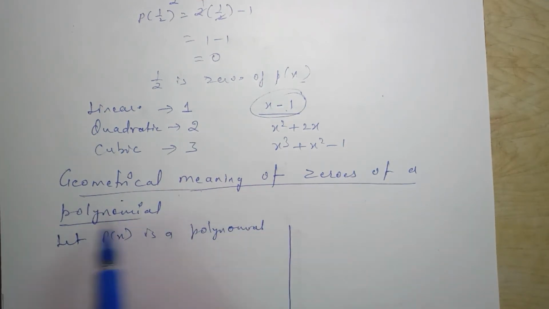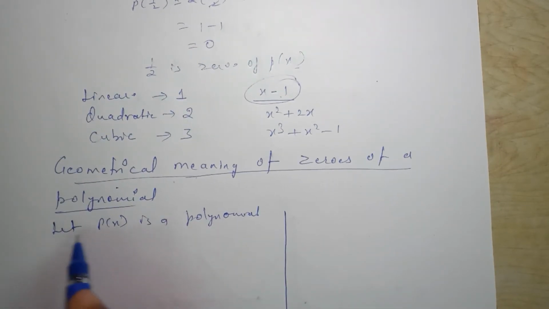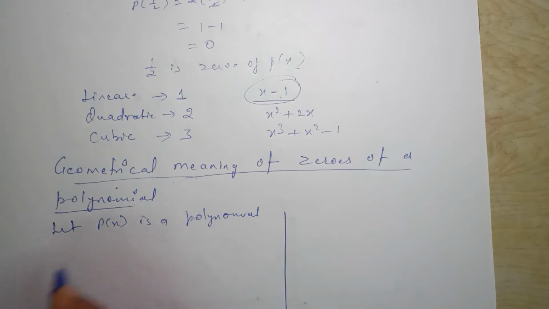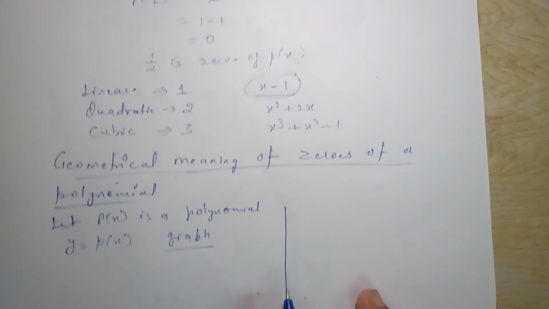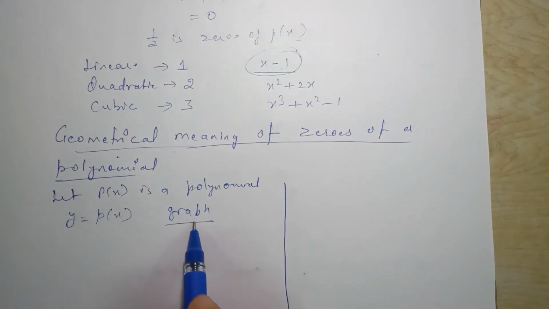So this heading means that we're going to understand that. Suppose we are taking, let p(x) be a polynomial and it is represented on the graph as y equal to p(x). Then how are we going to identify the number of zeros on the basis of the graph?